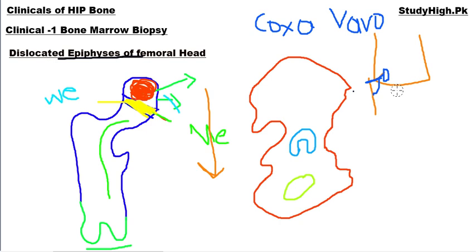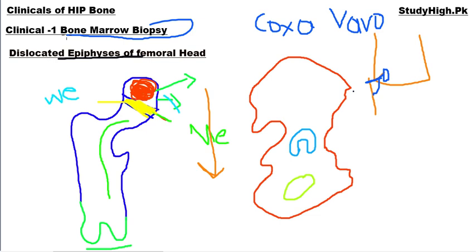So, my dear students, this is our today's lecture, in which first of all we discussed bone marrow biopsy and how the hip bone is helpful in diagnosis of leukemia and anemia. Then we also discussed weaver's bottom or ischial bursitis. Then in clinical number 3 we discussed coxa vara and coxa valga, and avulsion fracture of the hip bone, the different types of fractures that are possible.